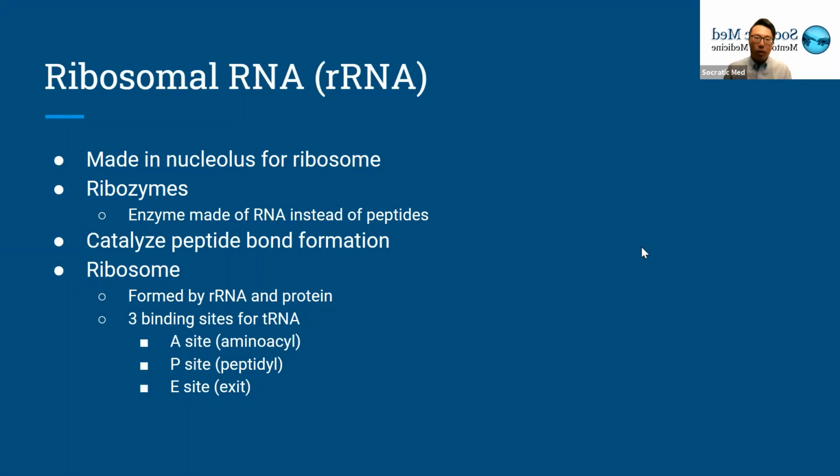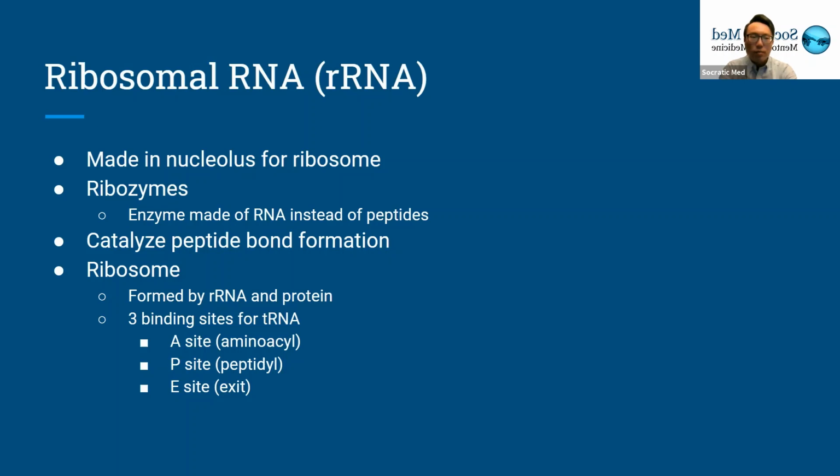Another type of RNA is ribosomal RNA, otherwise known as rRNA. rRNA is also made in the nucleus, but it's made in the nucleolus. This is an RNA that's being used in ribosomes. rRNA is used to make ribozymes, which is an enzyme that uses RNA instead of peptides.